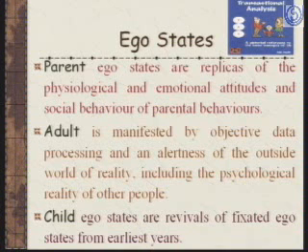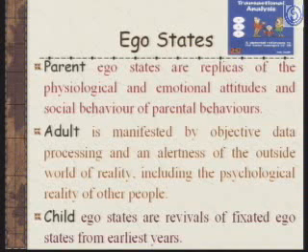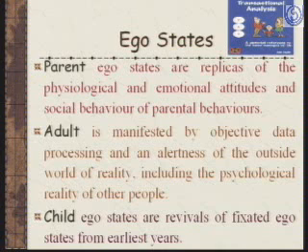Adult is manifested by objective data processing and an alertness of the outside world of reality, including the psychological reality of other people. So we can understand it in this way. That is by and large about data processing. How do we do that? Because as we become adult, we gather quite a lot of experience in our life, doing things by ourselves and also observing others.